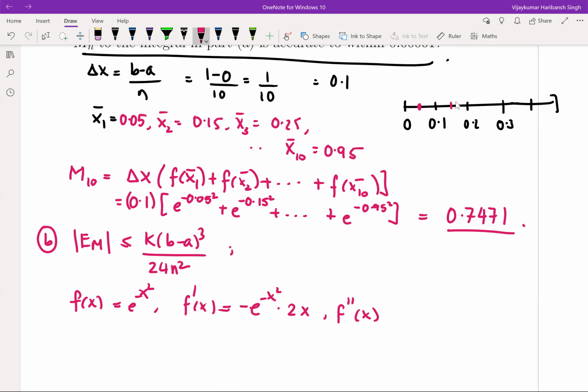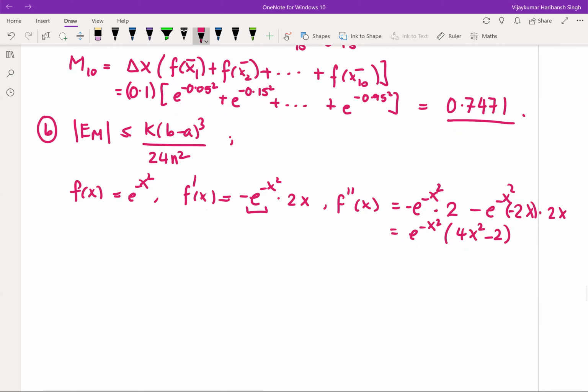So this is going to be e to the power minus x squared with a minus sign times 2, plus the derivative of this, which is already computed, so we get minus e to the power minus x squared times 2x as it is, multiplied by another minus 2x. So we get e to the power minus x squared times (4x squared minus 2).